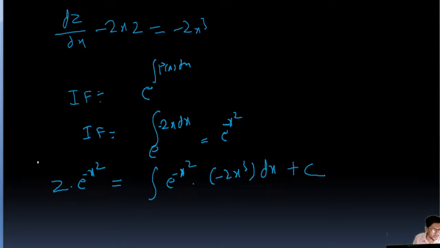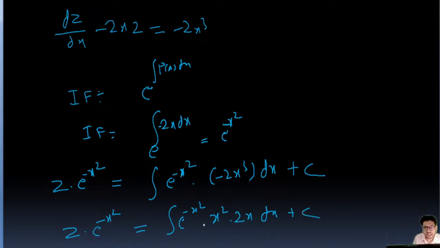So now z into e to the power minus x square equals the integral of e to the power minus x square, x square into 2x dx, plus c. Okay, so we have to integrate this.